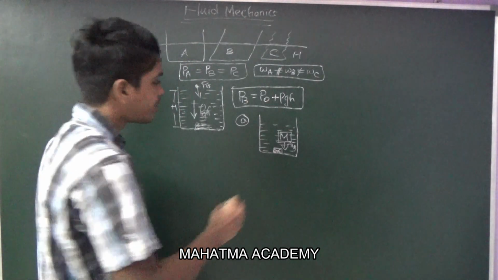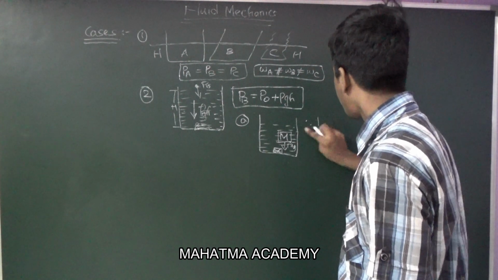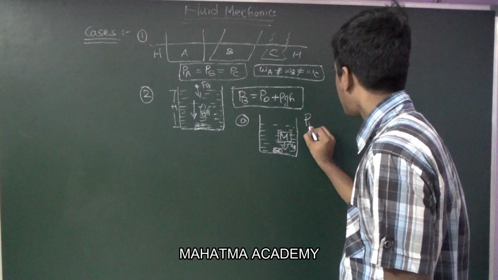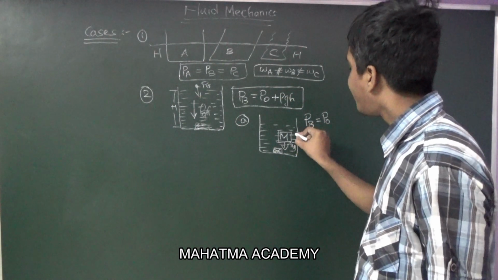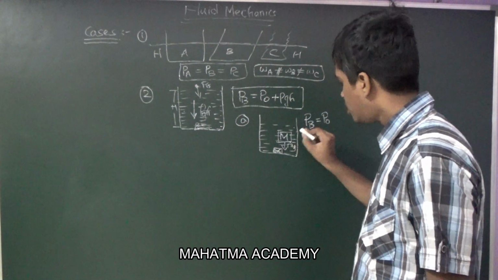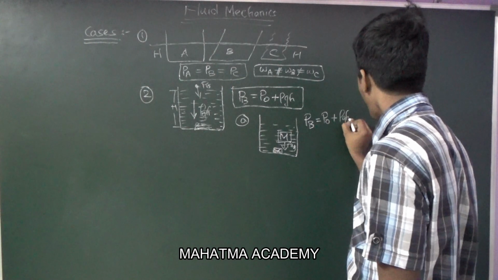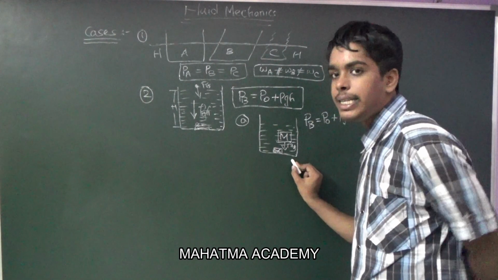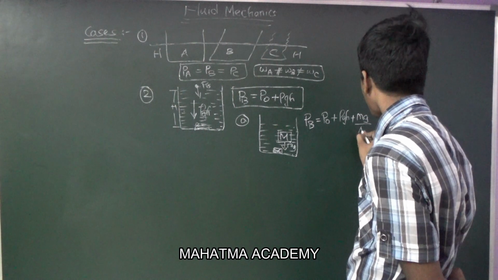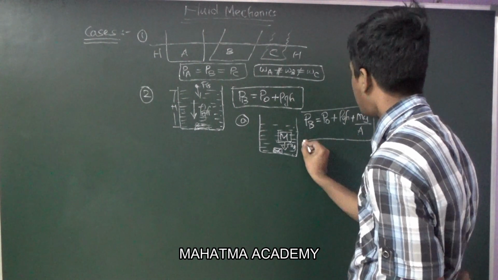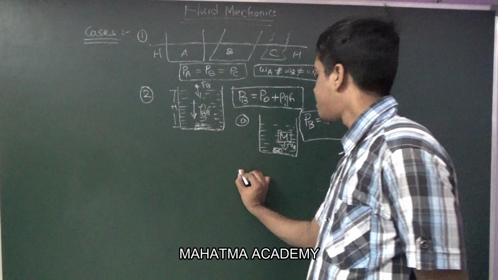It has an area A. So the pressure at the bottom surface P_B is equal to P naught, the same as this, but we want to add this term: P naught plus rho g h plus the force mg, having the area A. It is the simplest formula because of this.